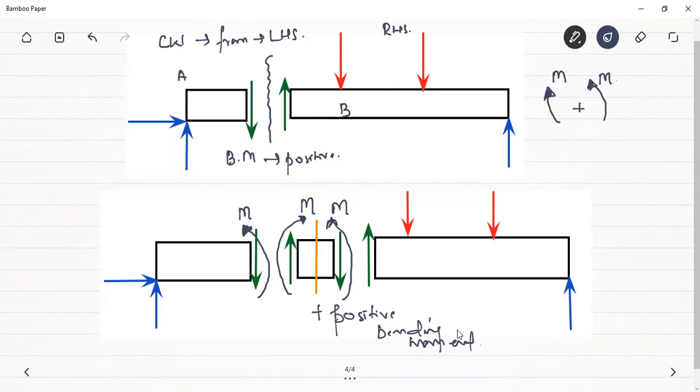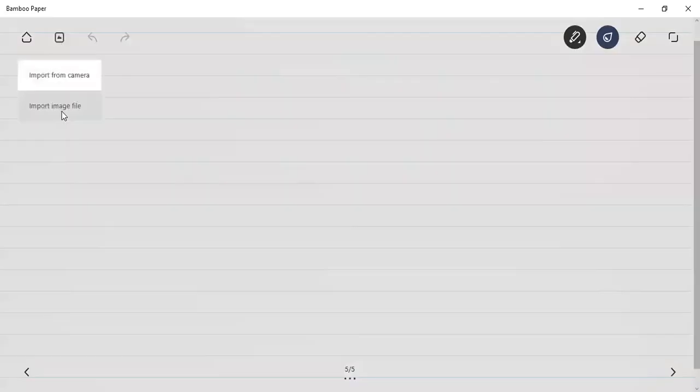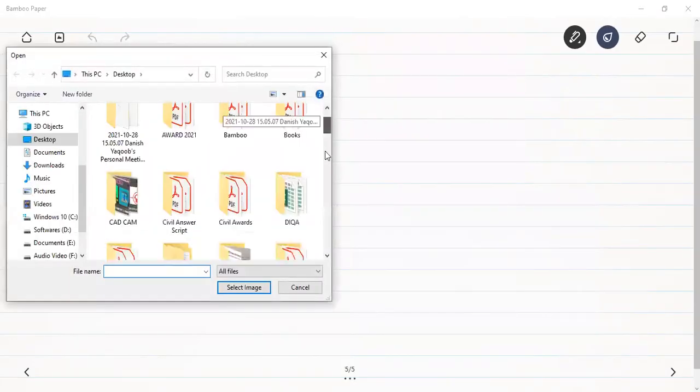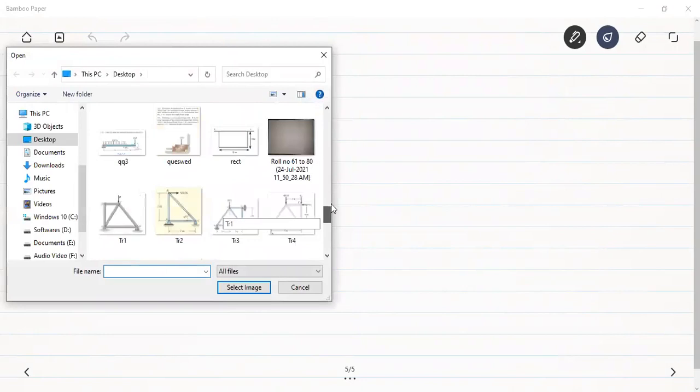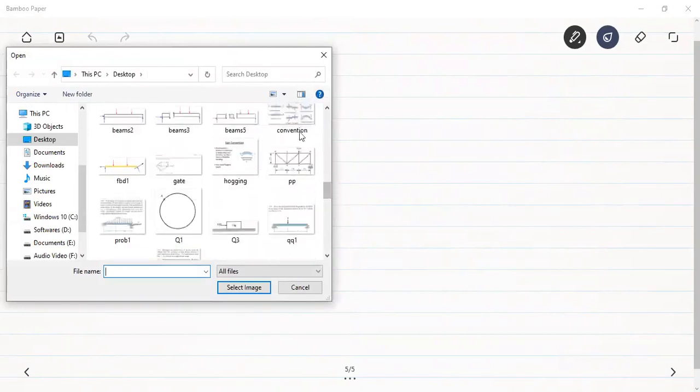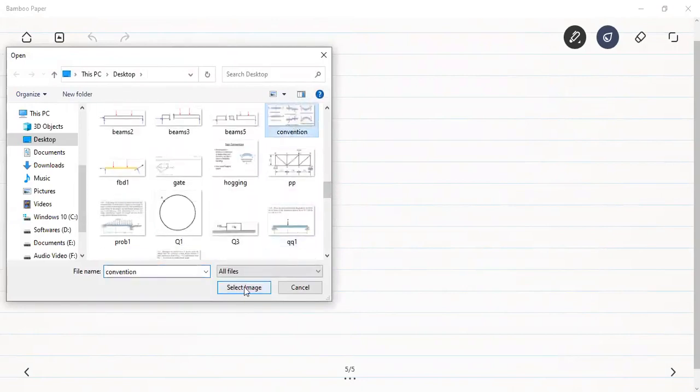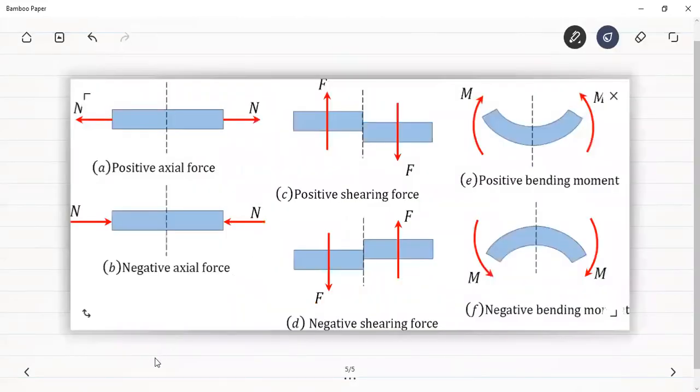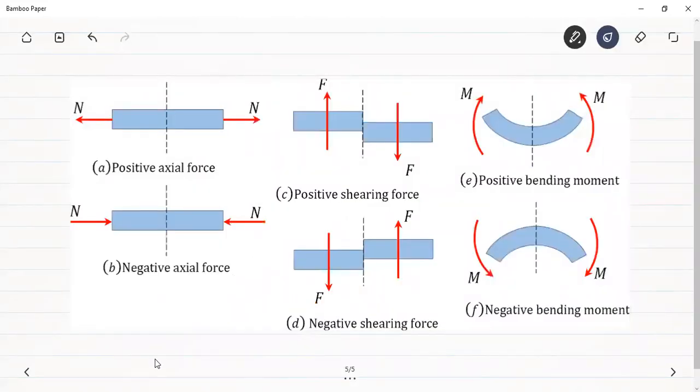Also see the effect of this on the beam. You can see this moment, it will create this kind of effect. Okay, I can show it here with the schematic. The conventions. See this positive bending moment section.